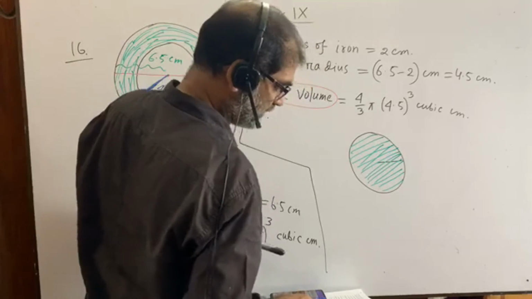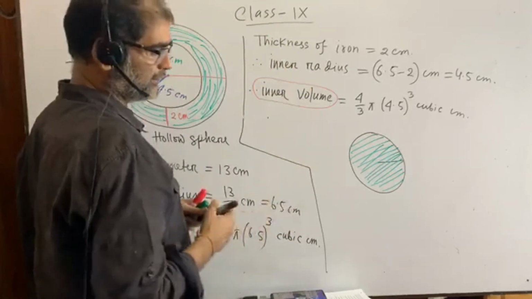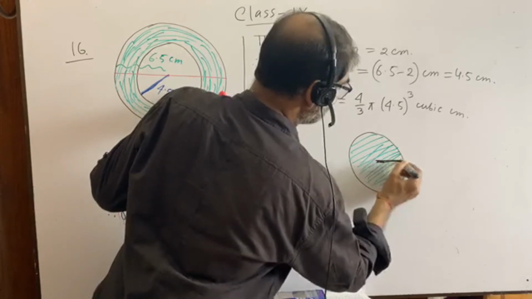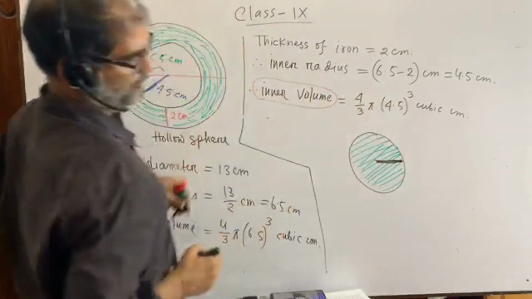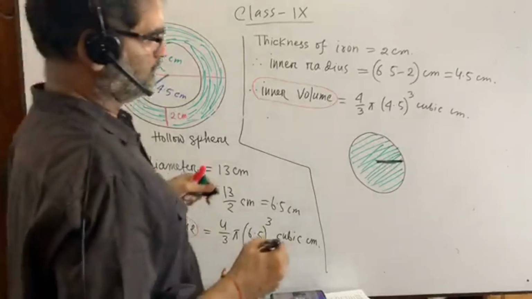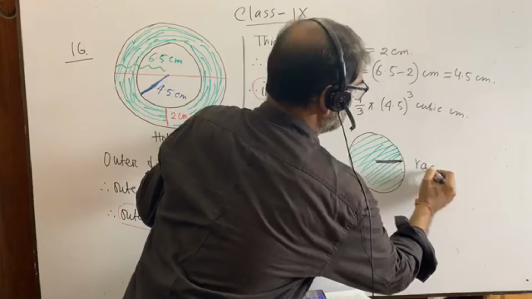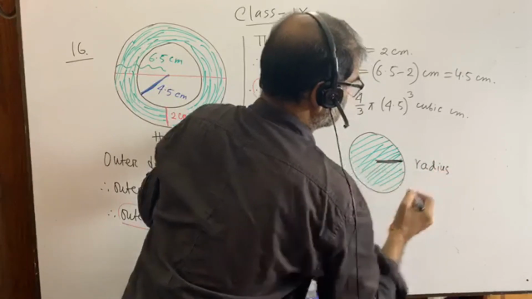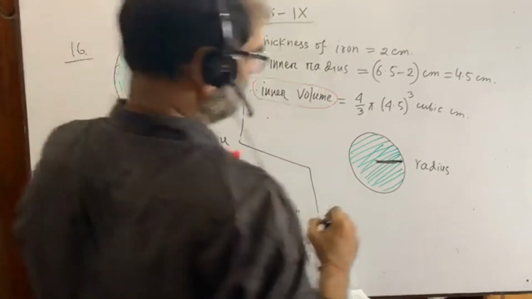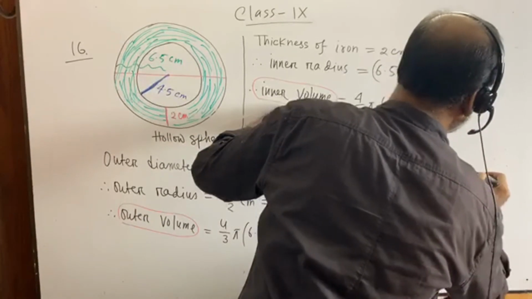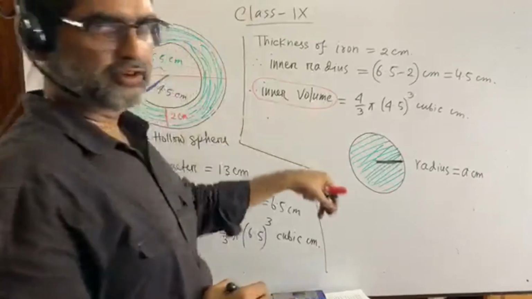At first you have to find the radius, then we will find the diameter of this solid sphere. Very good. Let its radius be a centimeter.